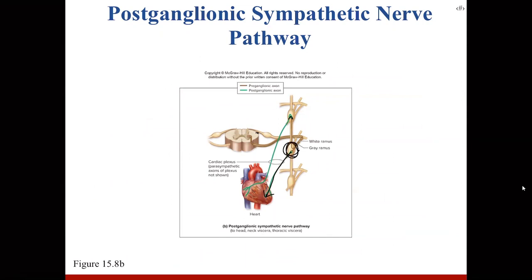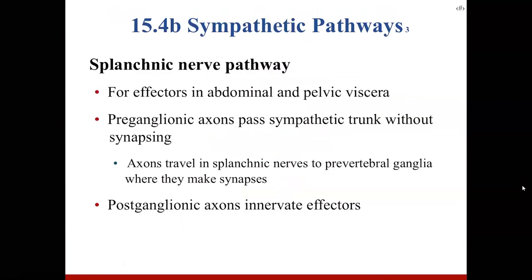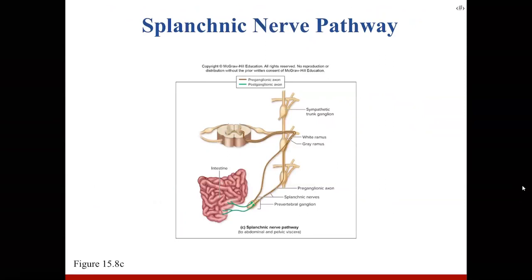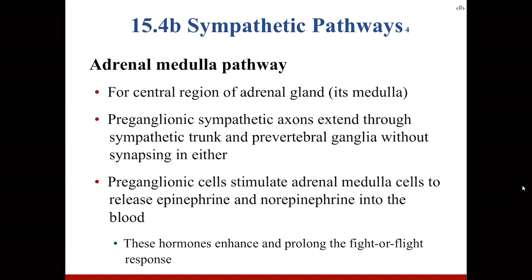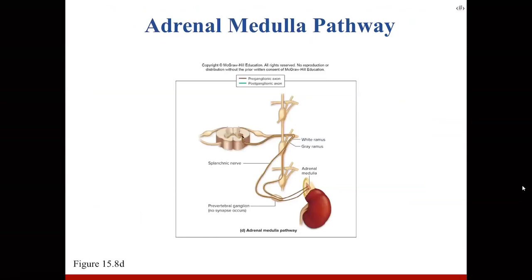I know, it's confusing. I'm not doing a very good job explaining it. Okay, then there's these splanchnic nerve pathways, so they're in the abdomen and in the pelvis, right? So it goes out, and then it can come down here, and it synapses. Okay, and then it can also go to the adrenal medulla. Okay, and then it goes out all the way out to here.